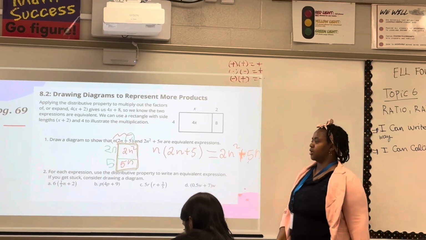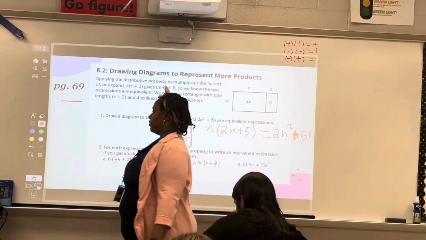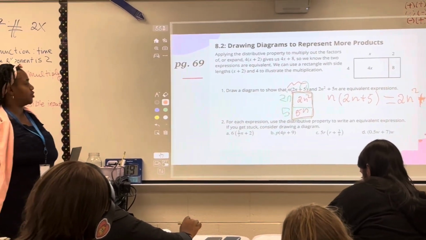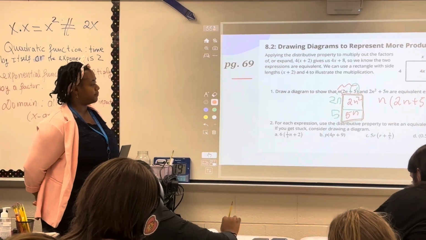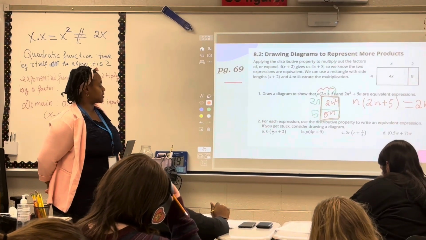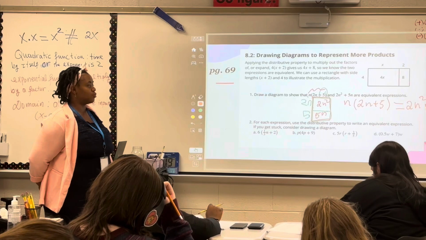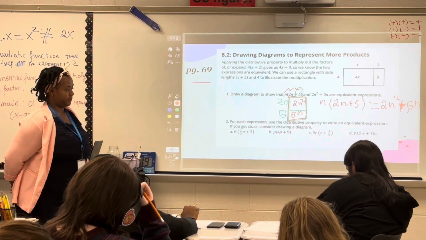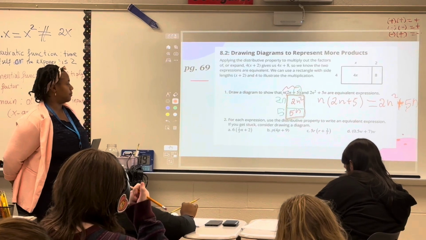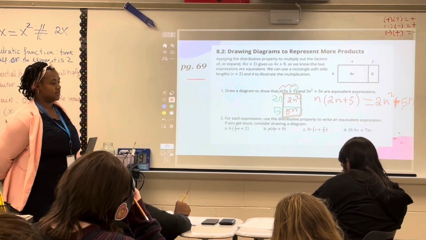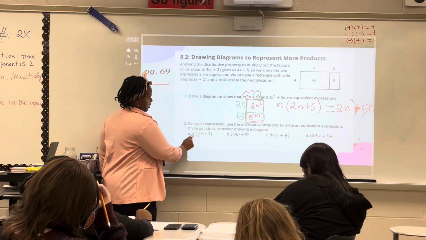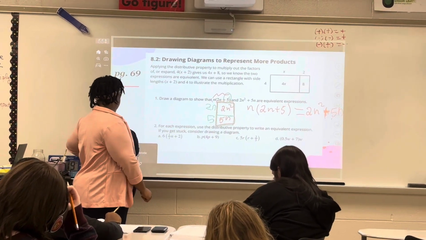Okay, so on question number 2, we're gonna do the distributive property. So for each expression, use the distributive property to write an equivalent expression. If you get stuck, consider drawing a diagram. So together we will do A, and I will release you to complete B, C, and D. So distributive property again is multiplying the number outside your parentheses.